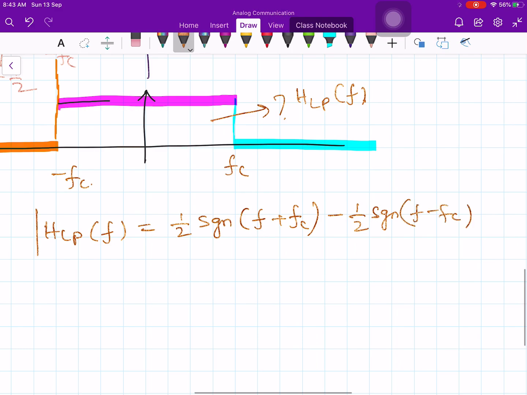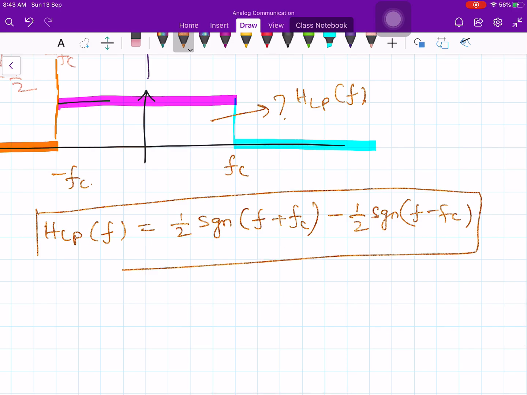So, this is the mathematical expression for my low pass filter in terms of signum function. Now, you multiply your DSB modulated signal with a low pass filter.